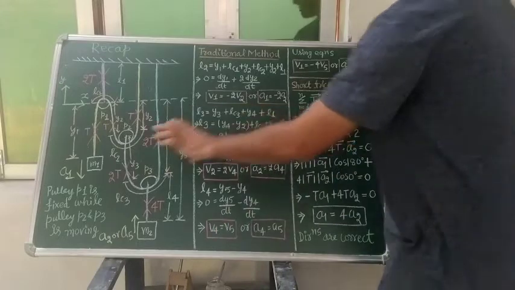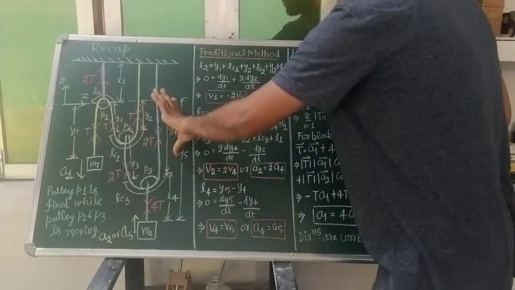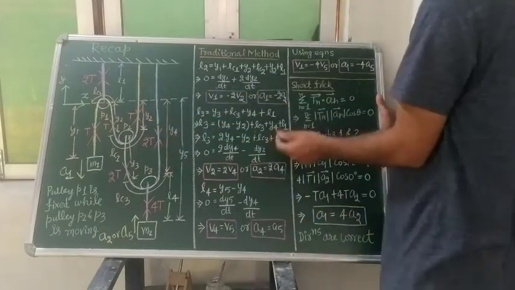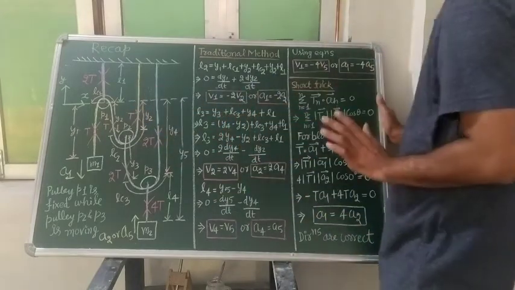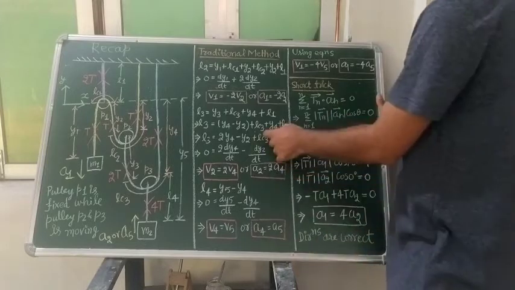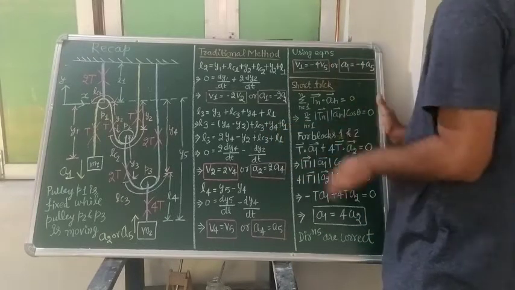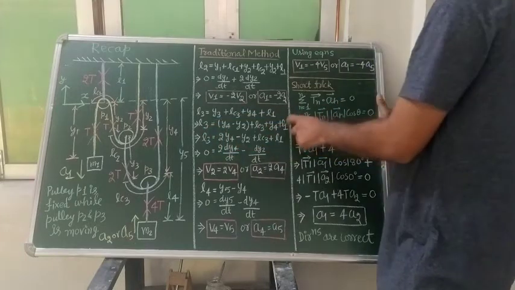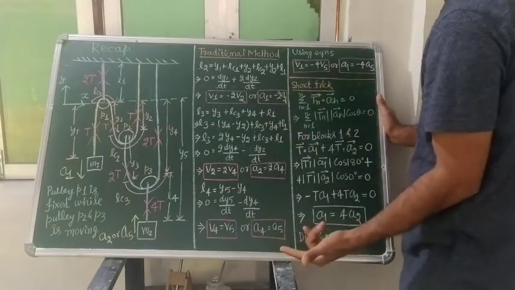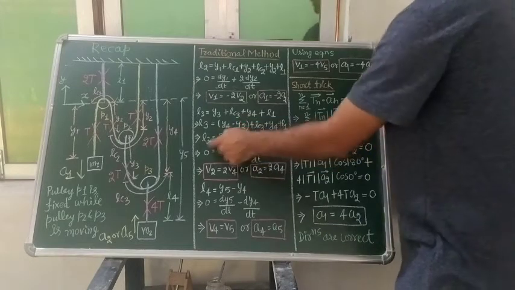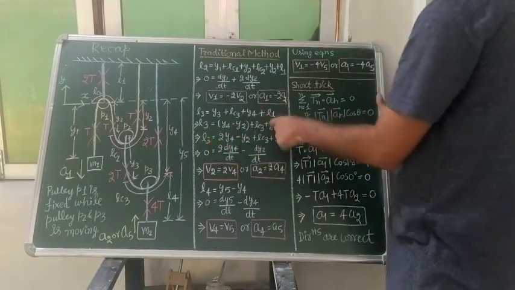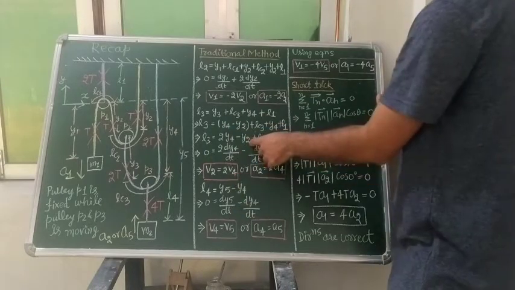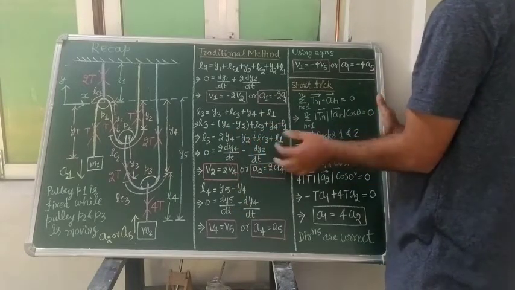So in place of y3, what can we write, student? y4 minus y2. So we will write y4 minus y2 here, plus LC3 plus y4 plus L1. And from here we will get that L3 is equal to twice y4 minus y2 plus LC3 plus L1, which is constant.